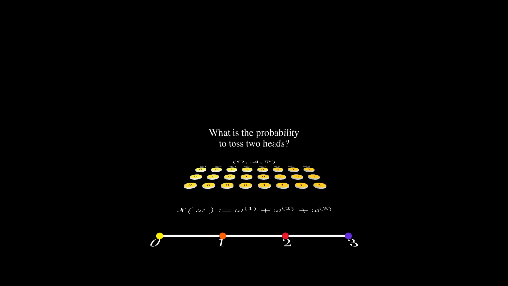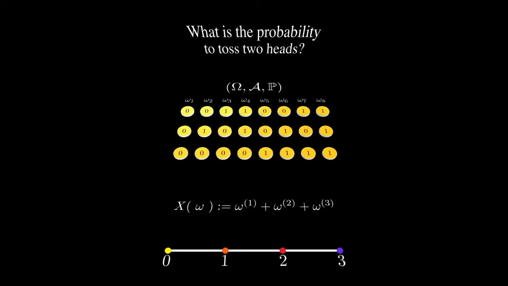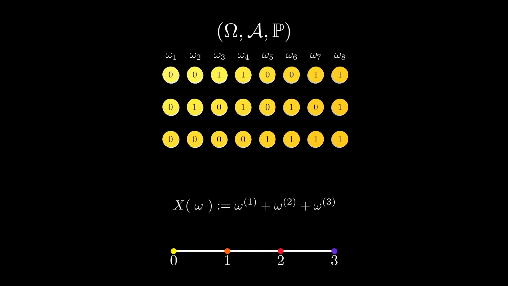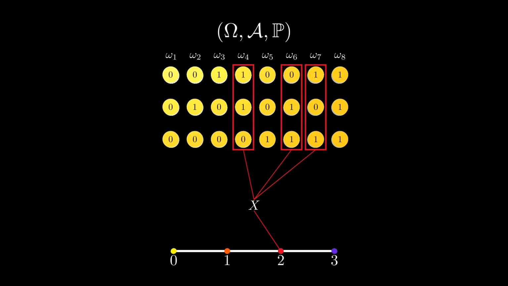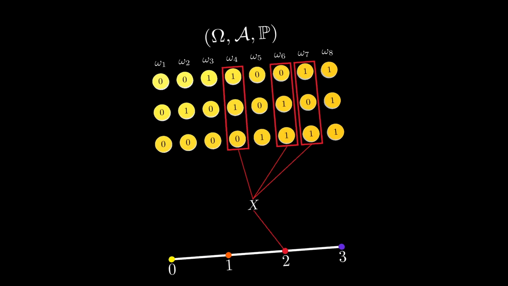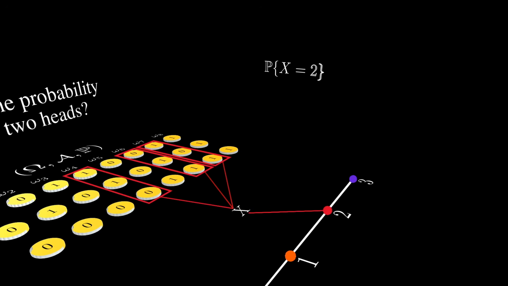The problem we have to face is that our probability measure still lives on omega. So we actually need to look for all the outcomes in omega that get mapped onto the number 2 by X. This set, the pre-image of 2, collects all outcomes corresponding to 2 heads, such that the probability of tossing 2 heads is simply the probability assigned to this pre-image.